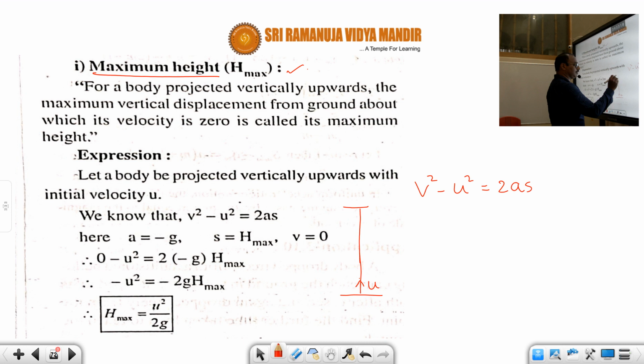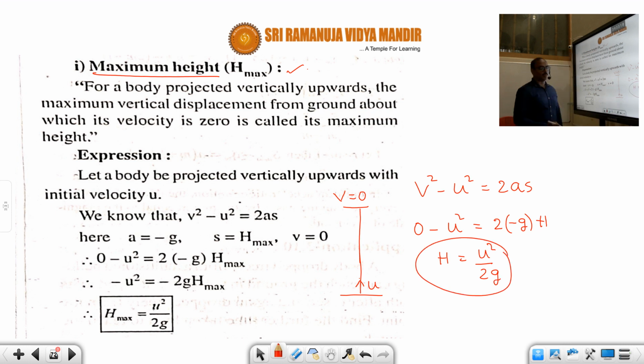0 minus u square equals 2 into acceleration equal to minus g, and h is equal to s. We are calculating the h value. Minus and minus get cancelled, then h is equal to u square divided by 2g. So that means if you know the initial velocity of a projection, you can calculate the maximum height very easily.